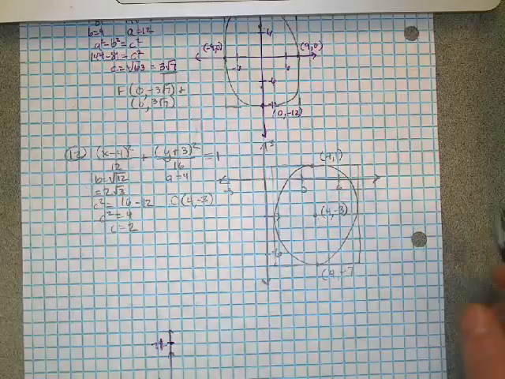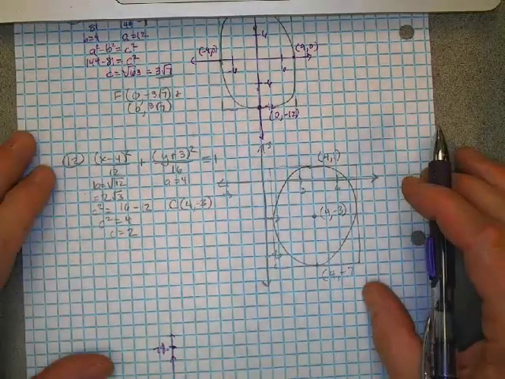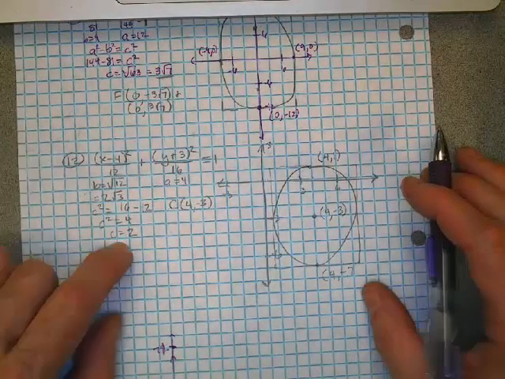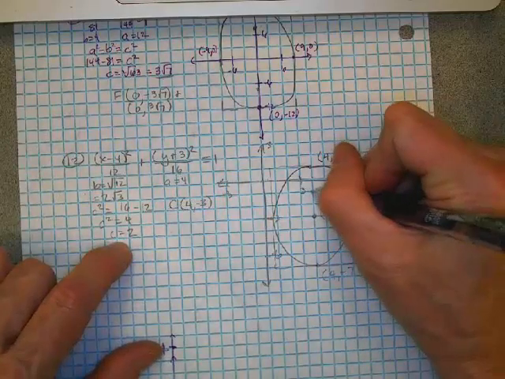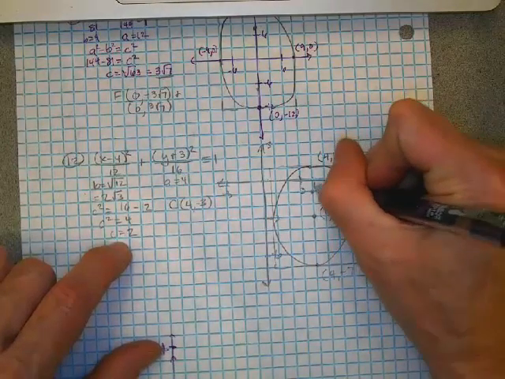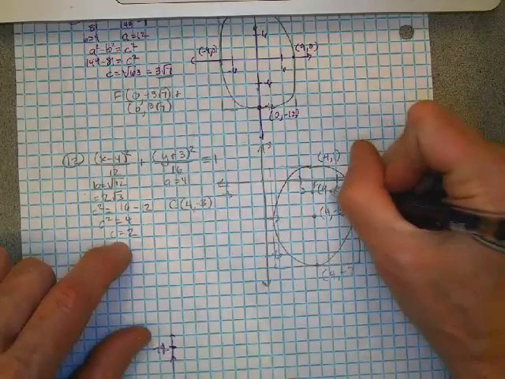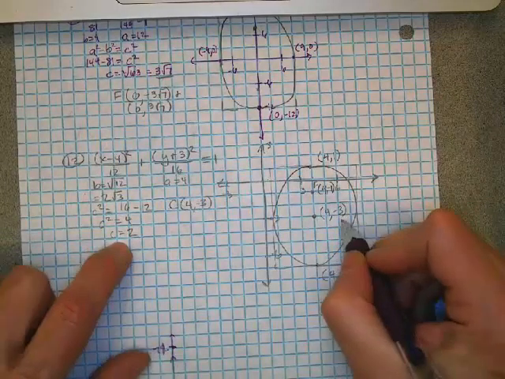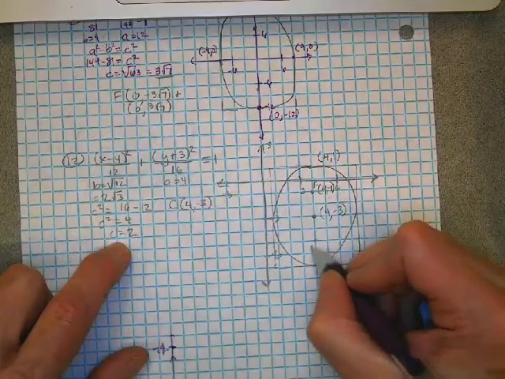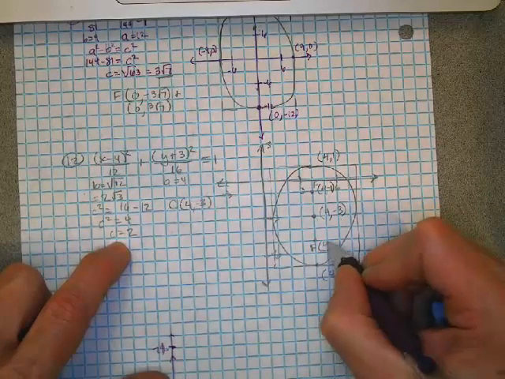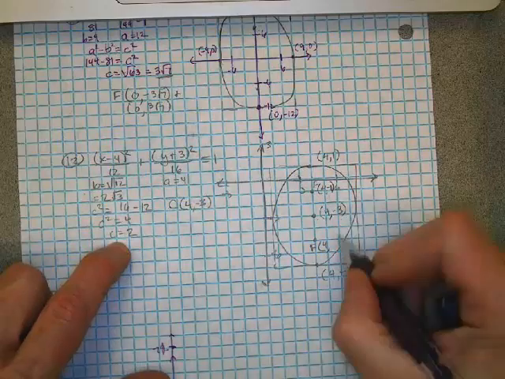And now c is 2 units, so it's just going to go up 2 units, which makes one of my foci at 4, -1, which is 2 units above the center. And the other focus is at 4, -5, because that's 2 units below the center.